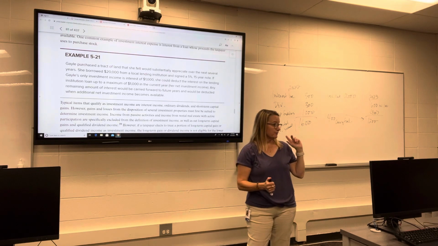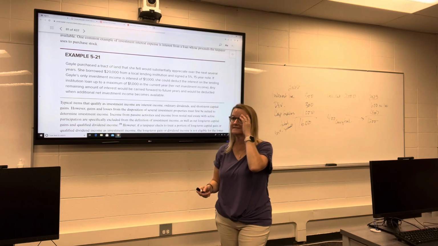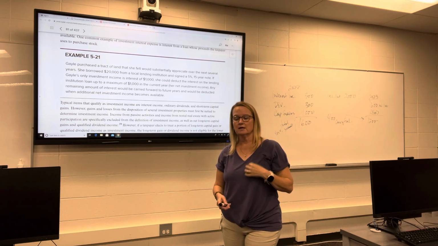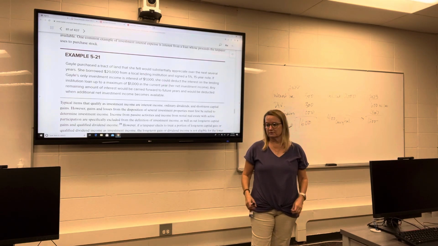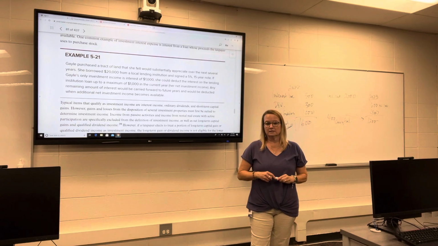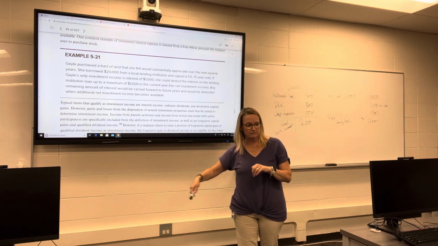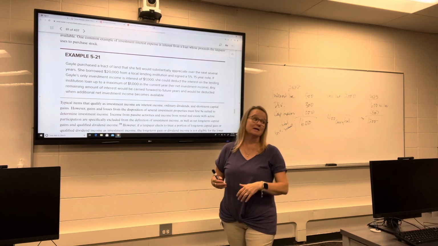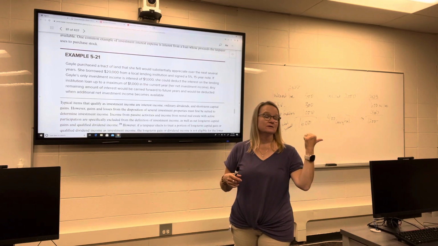You're gonna see this carry forward concept a lot, especially in chapter 7, when we start talking about capital gains and other types of gains. Okay, you can't use it this year because you don't have enough to offset it, but you can carry it forward to a new year. Sometimes they're carry backs, so you can go back and file this.